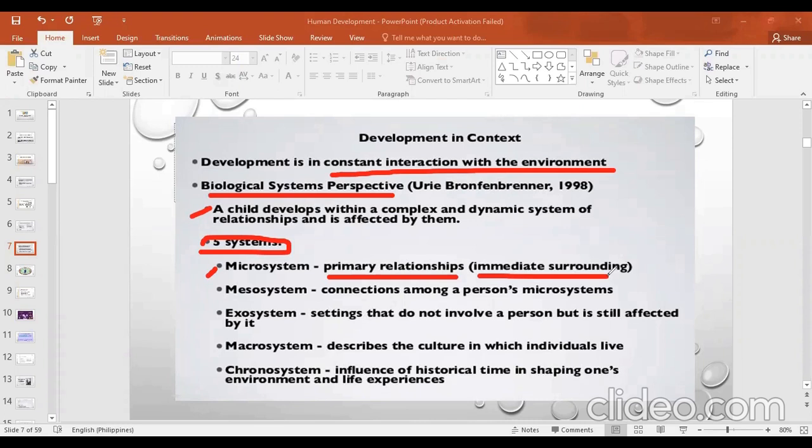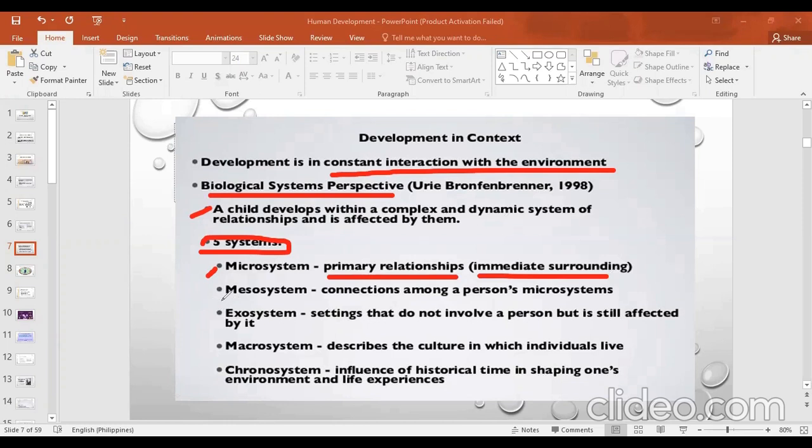Kumbaga meron tayong tinatawag na direct contact. So it includes your family, school, your peers, and even your neighborhood. Yan yung tinatawag nating microsystem. Yung mga primary source ng relationship na meron yung isang tao.